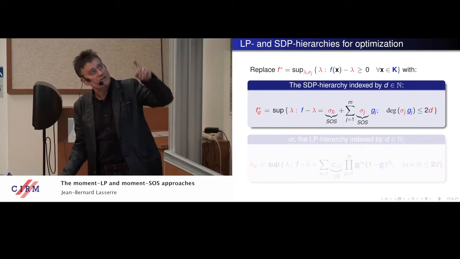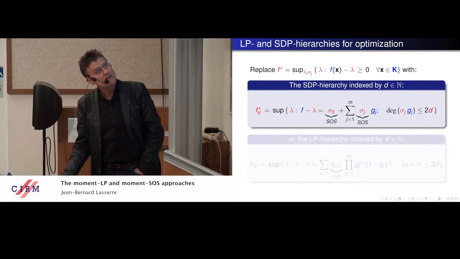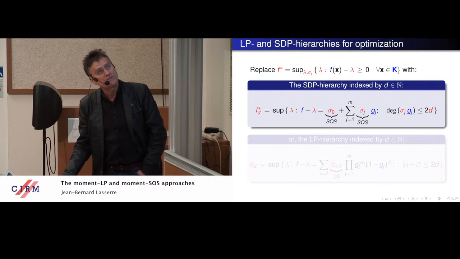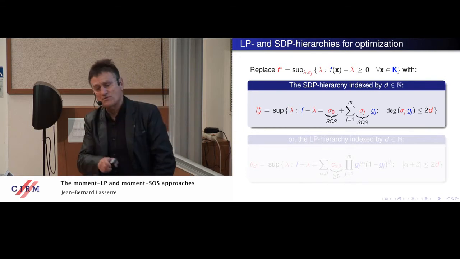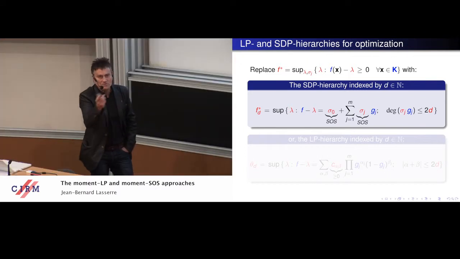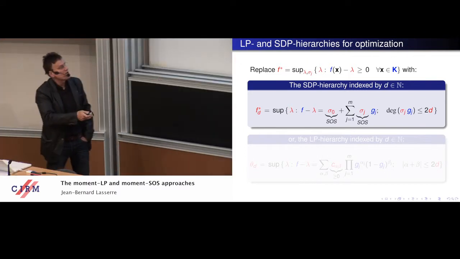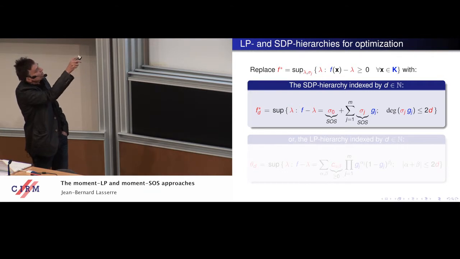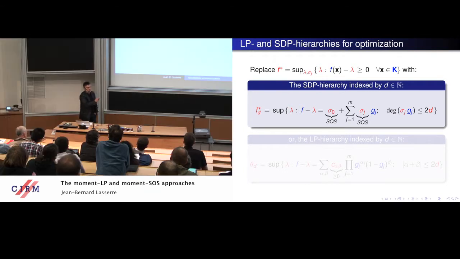You want to maximize lambda, such that f minus lambda now is just a linear combination of the g_j as in the Putinar certificate. But you of course put the additional constraint that the degree of these terms is bounded in advance by some d. So you start with d equal 2, d equal 4, and for each d fixed, solving this is solving an SDP. And you know how to do it efficiently.